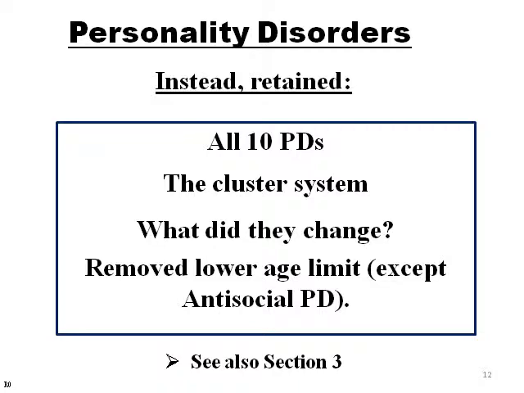Amazingly enough, they removed the lower age limit. The only place you will see in the chapter on personality disorders a lower age limit for giving the diagnosis is in antisocial personality disorder, and that's because you need to have conduct disorder as before in the previous DSM in order to get the diagnosis later on of antisocial personality disorder.